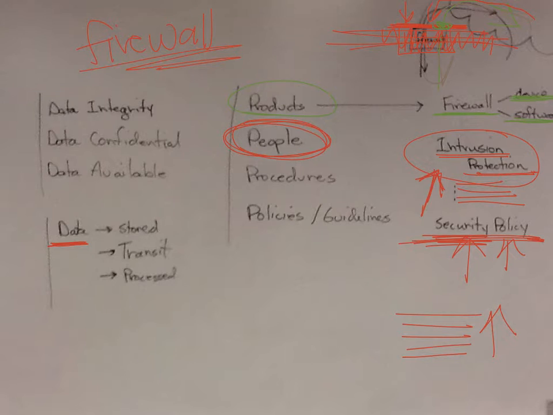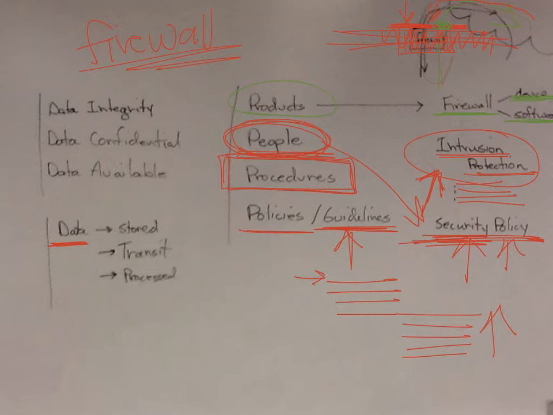That's why having a policy that clearly states what people can do, and explains how to carry out the policy, procedures. And then we have policies and guidelines. You ought to change your password, and you ought to use different passwords for different things, so if one thing gets compromised, the same password isn't compromised everywhere.